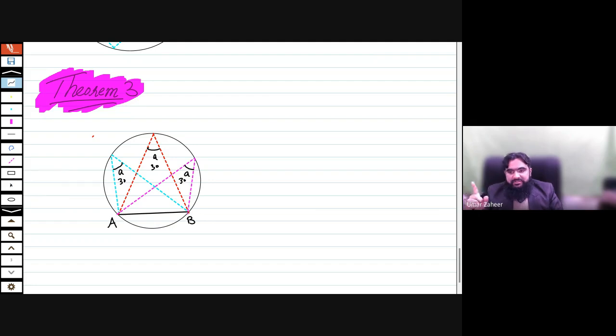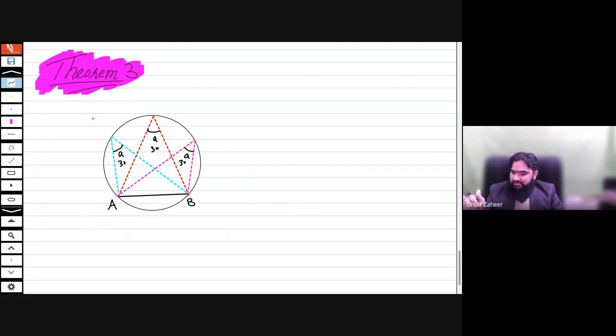But the condition is that they must be subtended from the same arc. They will not be equal if subtended from different arcs. Now look here. It is subtended from the chord AB, but if you look carefully, it is from the major arc AB.